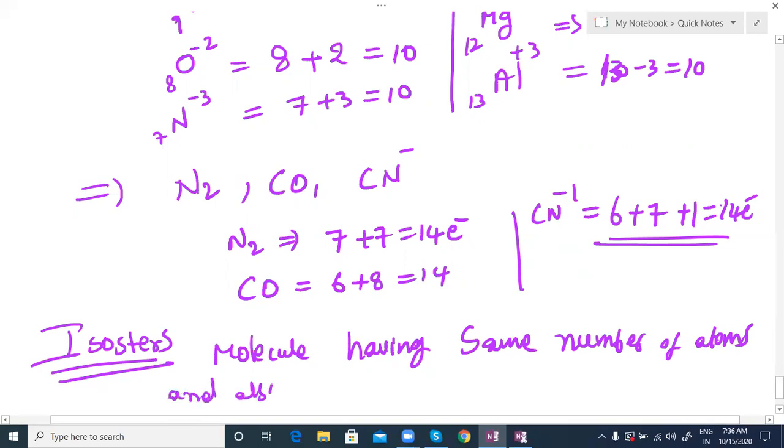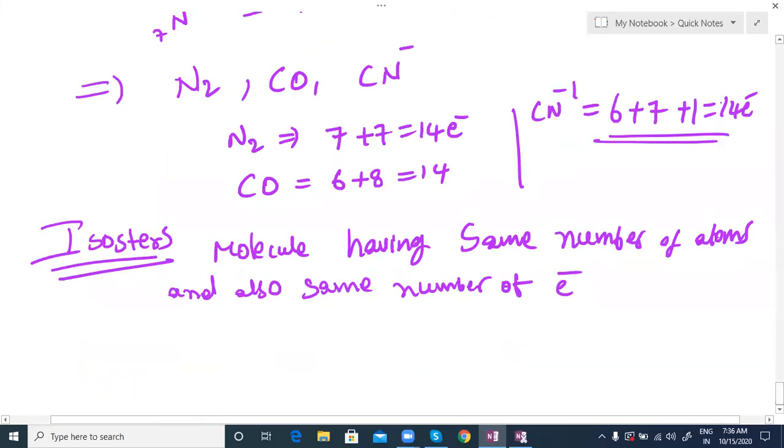You can take examples: N2 and CO, CO2 and N2O.